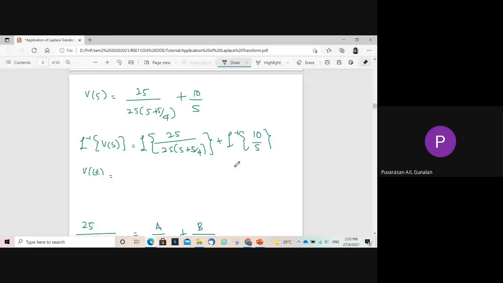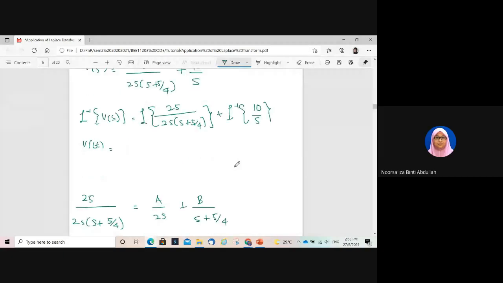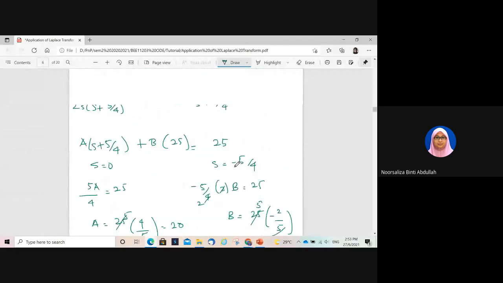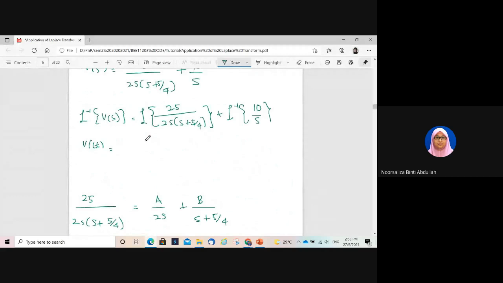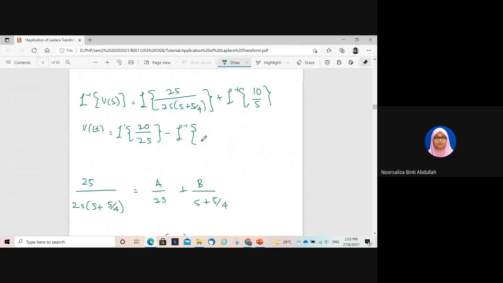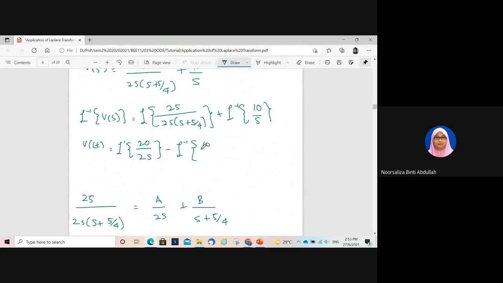Okay doktor. Okay, okay. So A is 20. So kita masuk balik kat sini. Okay, so you have a Laplace for 20 over 2S. Okay, and then minus, inverse, this one is 10 over S plus 5 over 4.